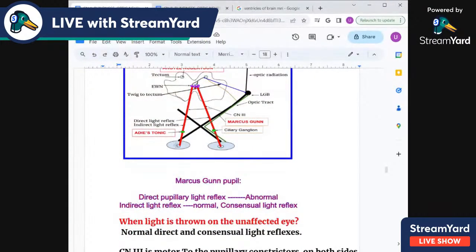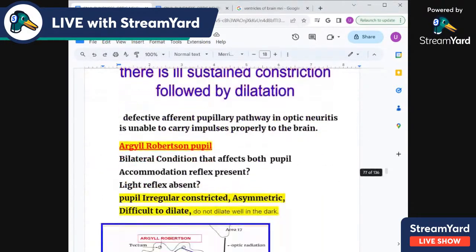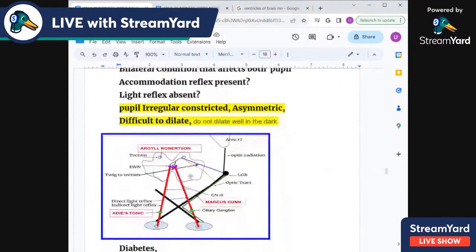And if the light is thrown in the unaffected eye, its pupil constricts normally, and the consensual light reflex on the affected side is also normal because the motor part is by the oculomotor nerve that brings the pupillary light reflex to the affected eye. So the optic nerve is not concerned there. Then we do the Argyll Robertson pupil.